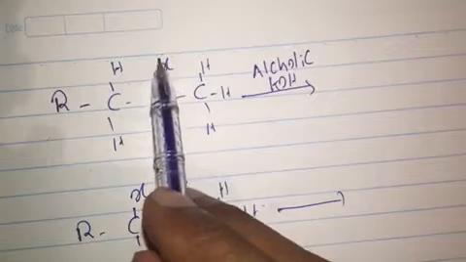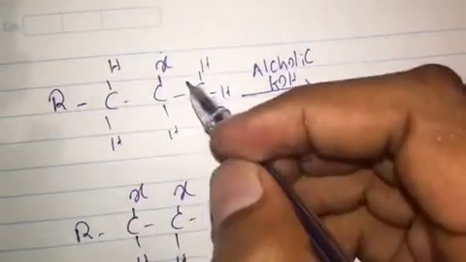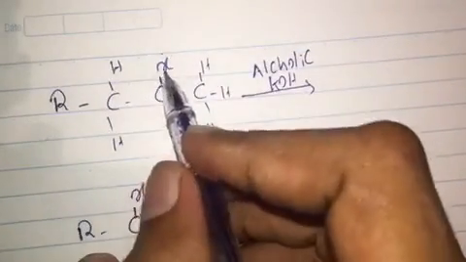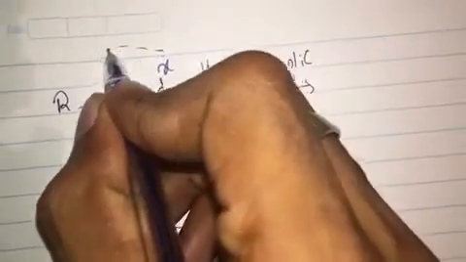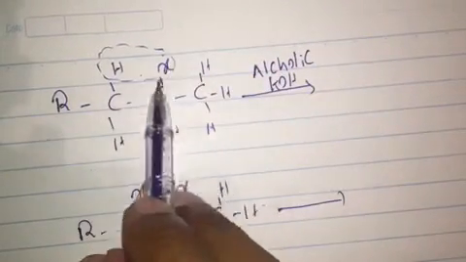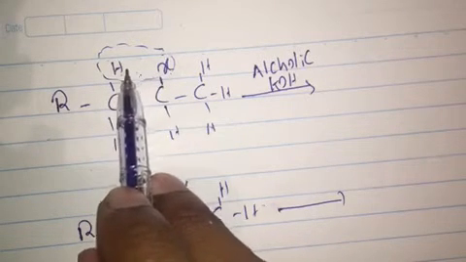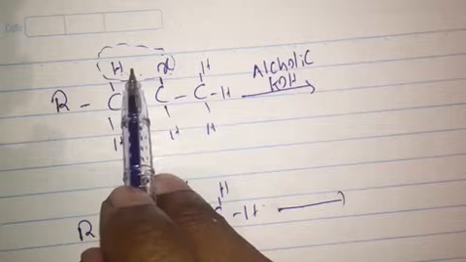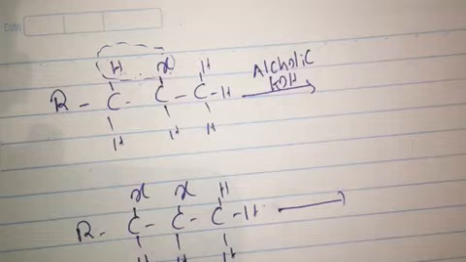This halogen group and hydrogen are released as HX. In this molecule, hydrogen is released, and the halogen is released with this one hydrogen. We should know how to select where the hydrogen is removed.